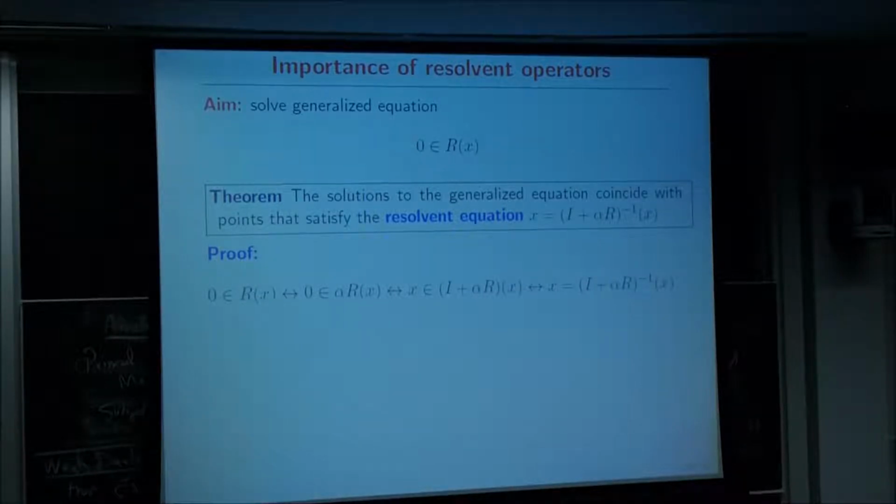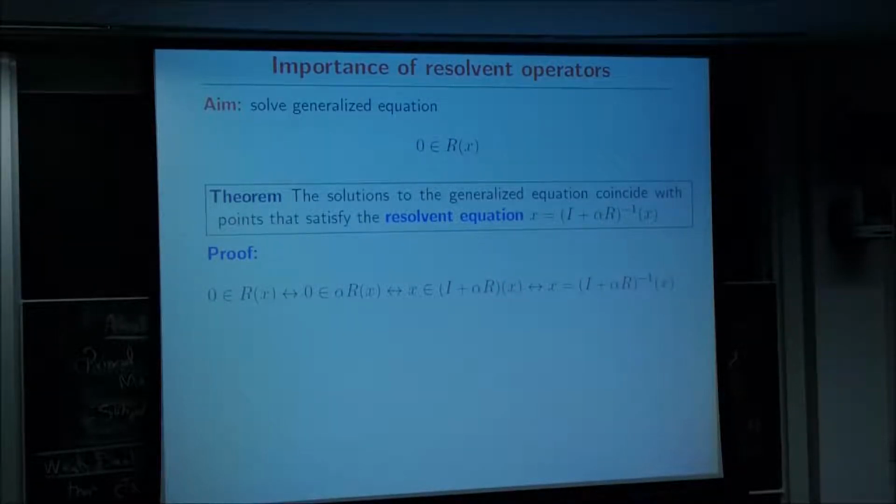It's starting with that generalized equation, turning it into a resolvent equation which has x on both sides, which suggests that maybe I could now run a fixed point iteration. And if R is monotone, its resolvent is monotone. So if you do repeated iterations with a monotone object, chances are you might generate sequences which are well behaved. That's why we are talking about these general ideas.